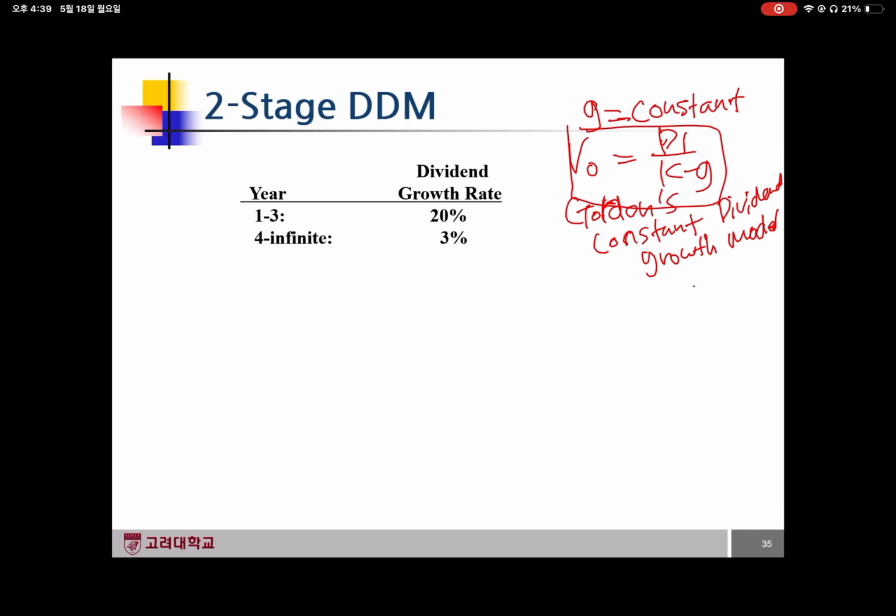Anyway, let's get back to our example. If there are two growth rates here, 20% and 3%, at two different stages, the value of the stock at time 0 is equal to the stage 1 value over 1 plus k plus the stage 2 value over 1 plus k. Let's draw a timeline again.